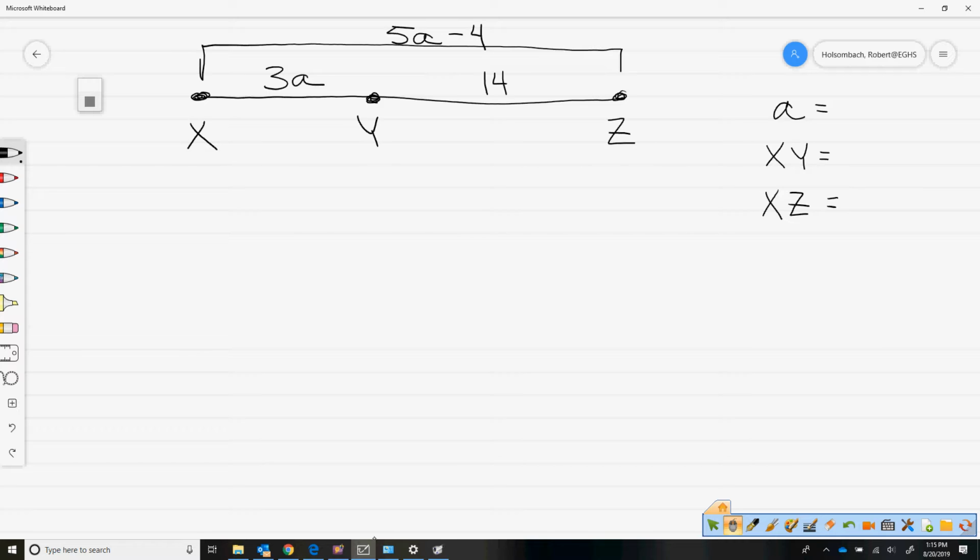So one of your small pieces is 3a. So 3a plus the other small piece is 14 equals the entire piece, which is 5a minus 4.